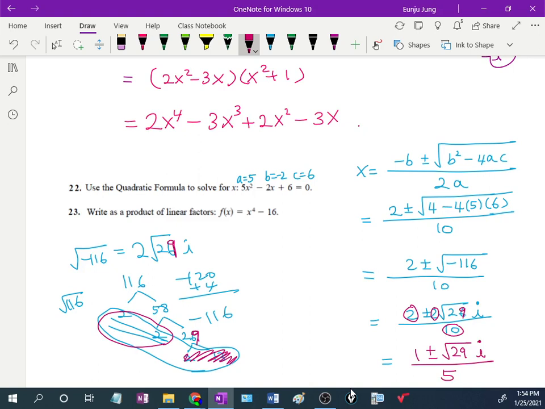So we have two imaginary solutions for this quadratic function. Is there any other mistake? Okay, so here's the quadratic formula. Plug in the numbers, simplify the radical with the imaginary number i, and then reduce it.